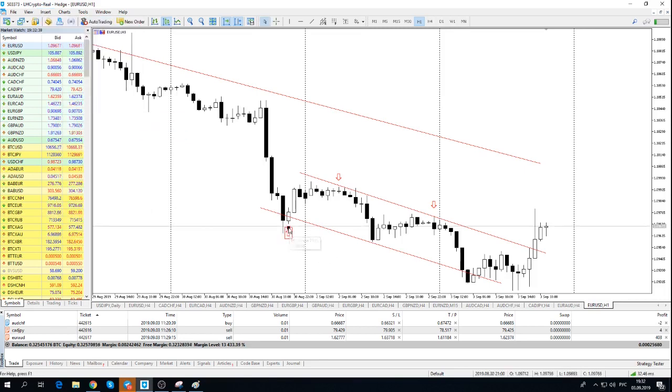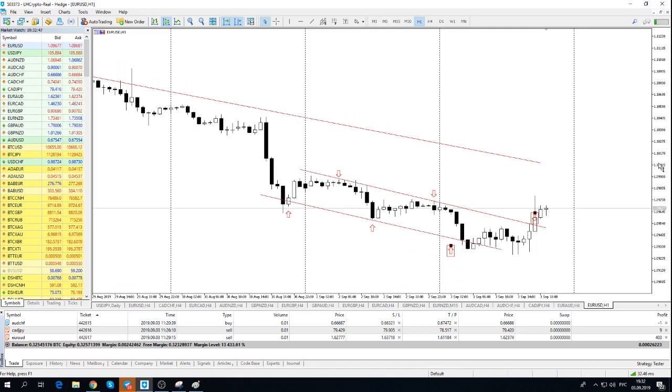If right here there is support, and for this example it changed direction here, it means the support will be broken the next time. Support will be broken, because if we see a lot of support and resistance reversals, and that point is a reversal too, it means the support line will be broken, and the price will go lower and lower.